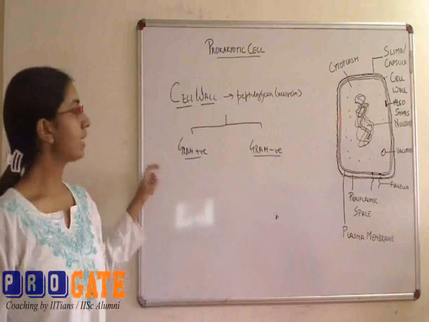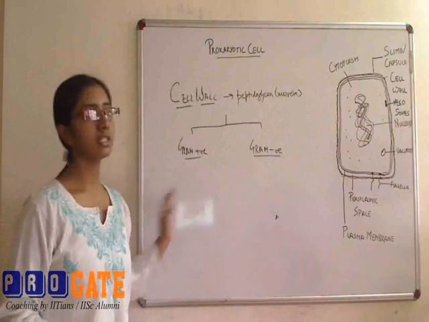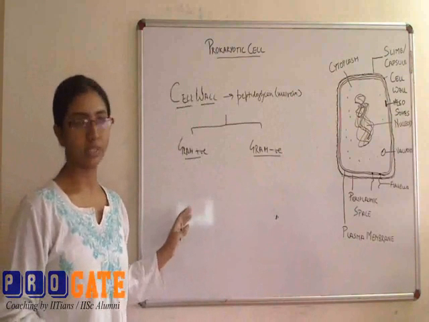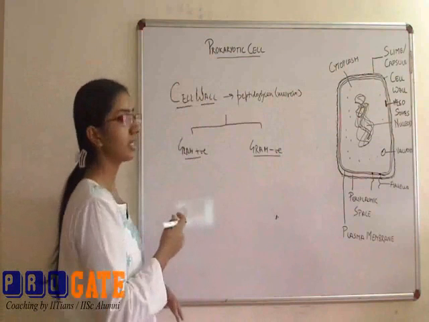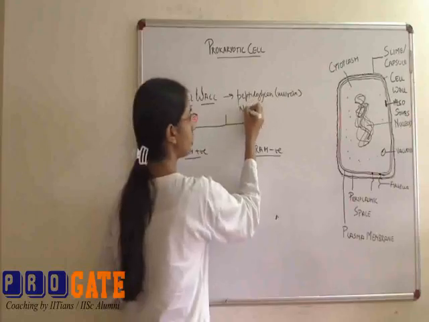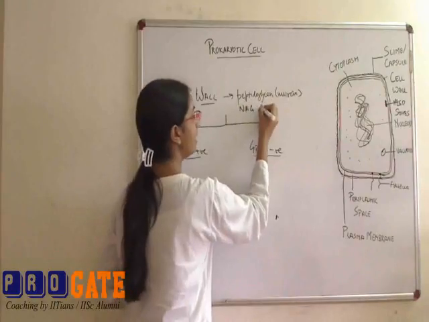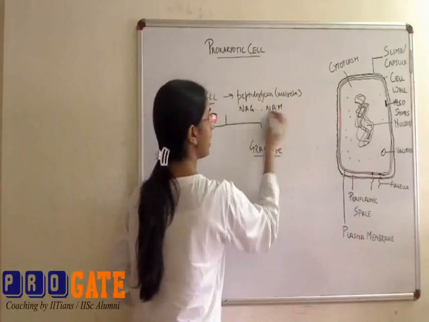In gram-positive bacteria, the cell wall primarily consists of just the peptidoglycan units cross-linked between each other. The peptidoglycan basically consists of N-acetyl glucosamine, that is the NAG, and N-acetyl muramic acid, that is the NAM.